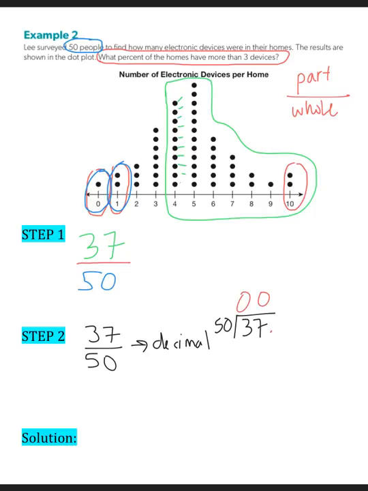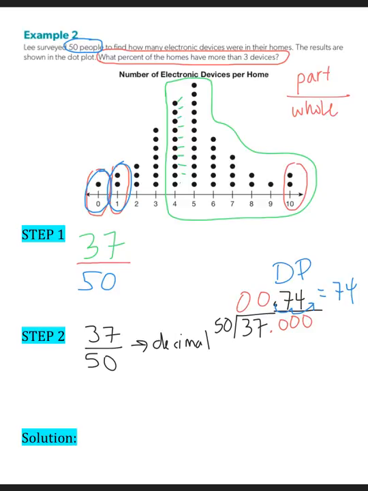So now we're going to need to add our decimal and then a couple of zeros. And then if we do the math and we go through, we end up with 74 hundredths or 0.74. Now, when you end up with 0.74, we can multiply that by 100, or a lot of us like to do Dr. Pepper, where we convert decimals to percents. We're moving the decimal 2 spaces to the right, which equals 74.